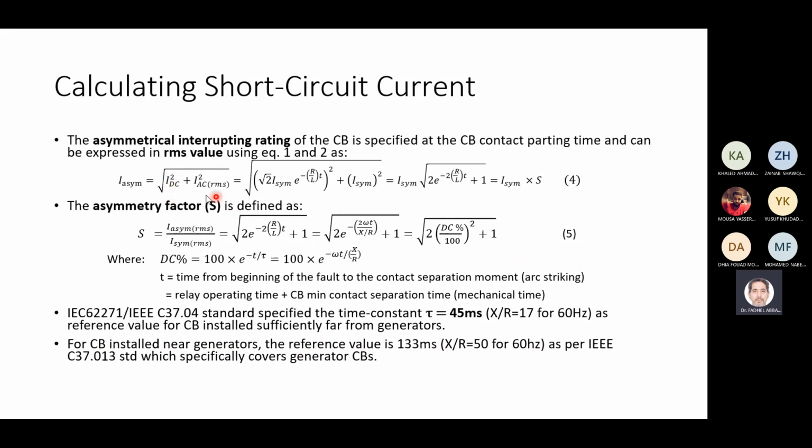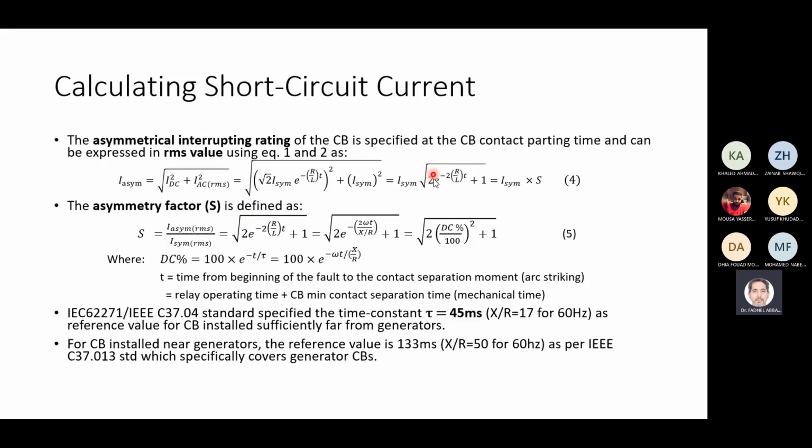If we take the DC value plus the symmetrical current value, square root gives you the asymmetrical RMS current. If you take I symmetrical as a common factor, I get this, and this is where the S factor is defined.